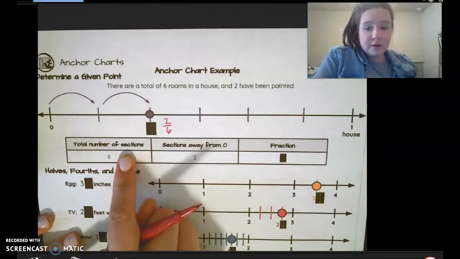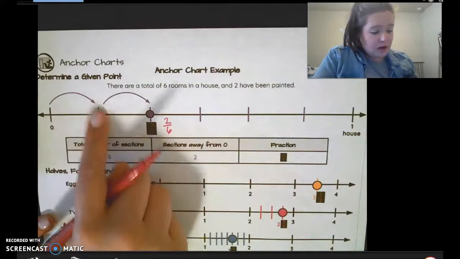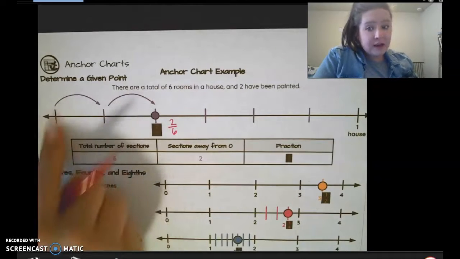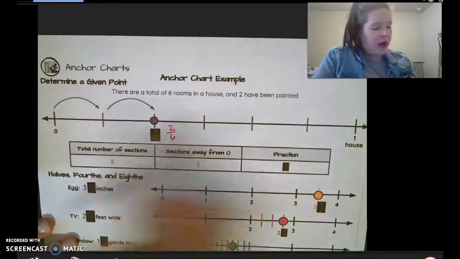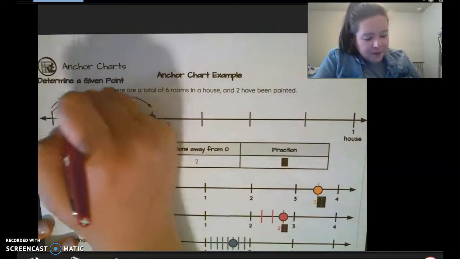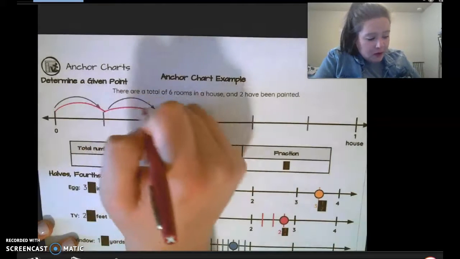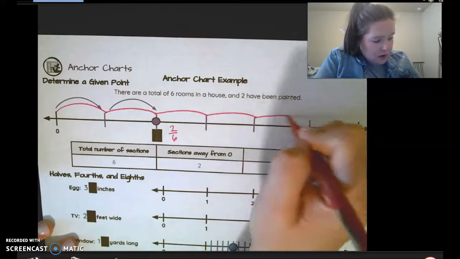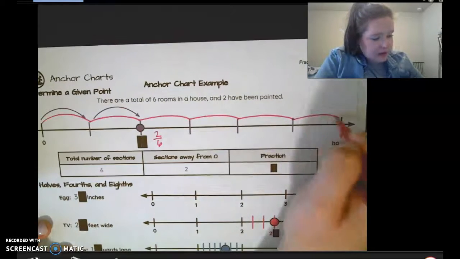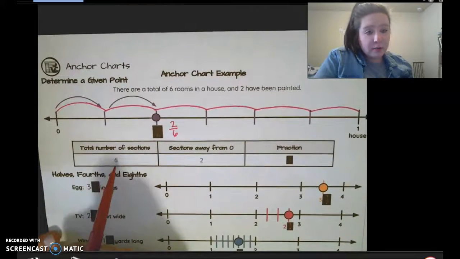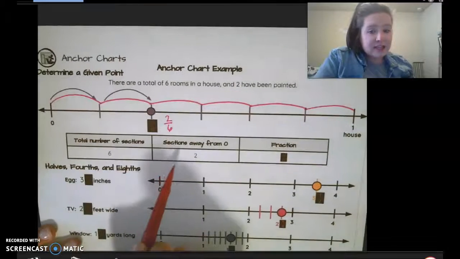The total number of sections, and to count your sections, you count from 0 or your starting number to your ending number. 1, 2, 3, 4, 5, 6. Those are your 6 spaces, the total number of sections, and the sections away from 0.